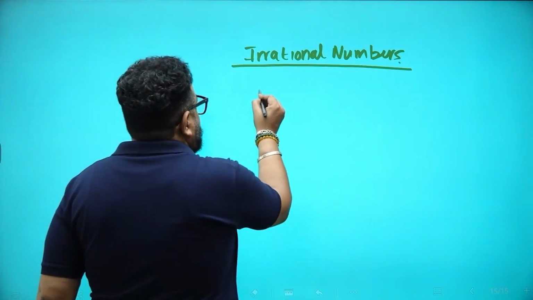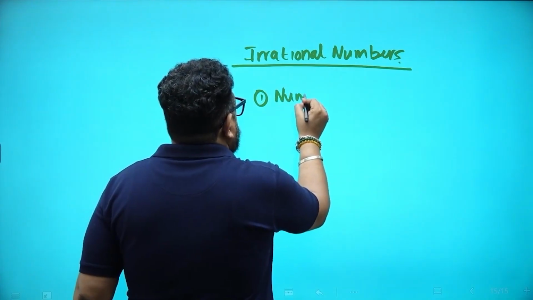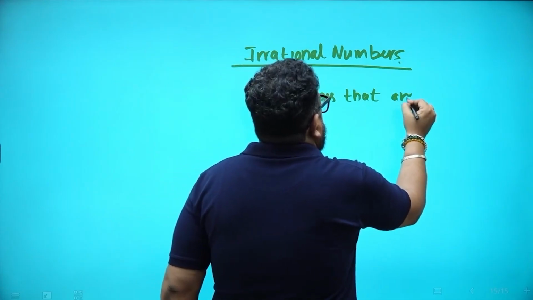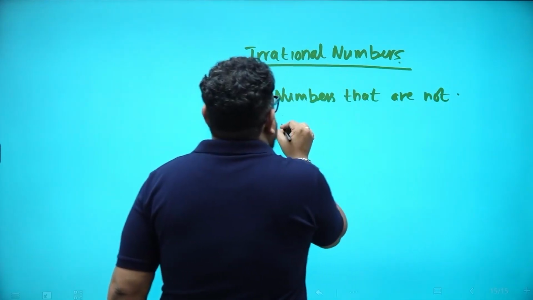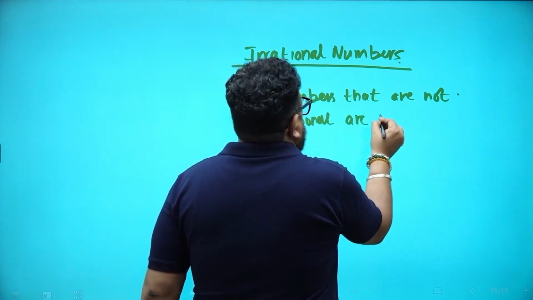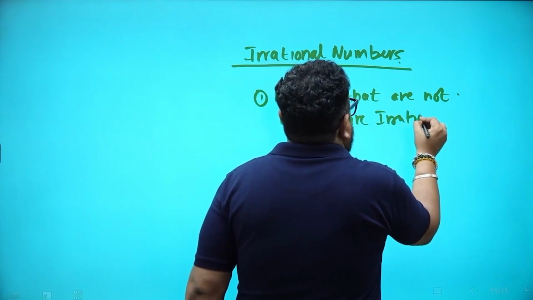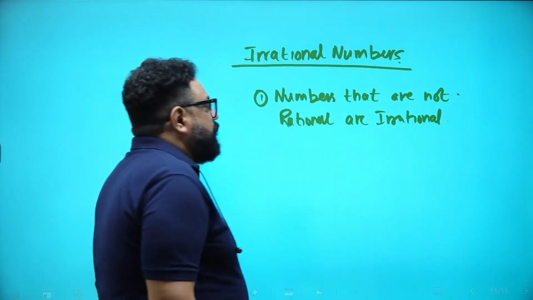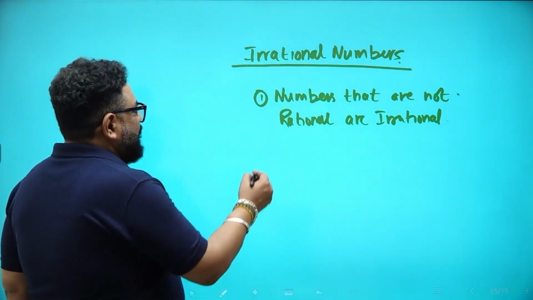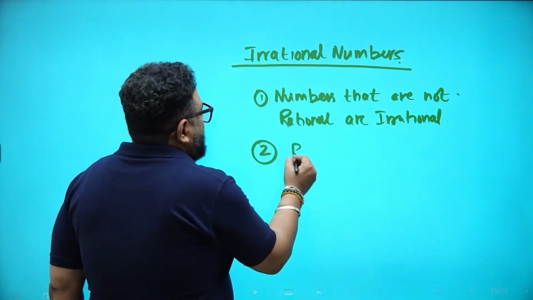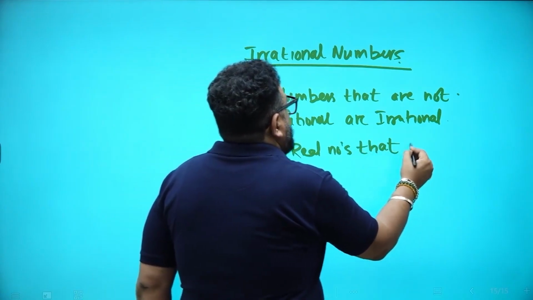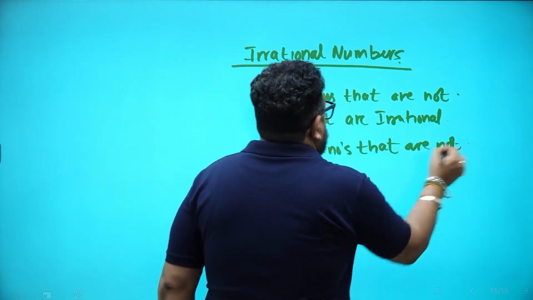So one definition is numbers that are not rational are irrational. Then the second definition is real numbers that are not rational.